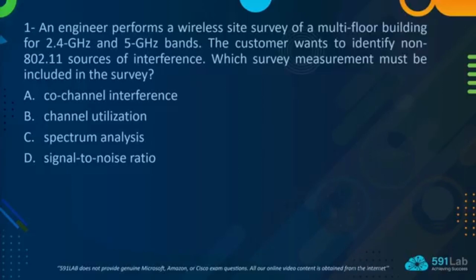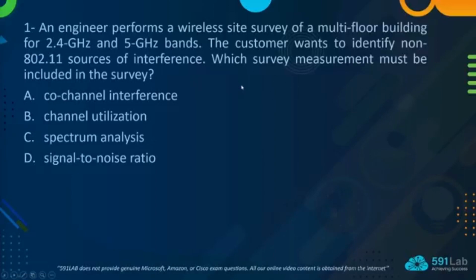So here is something that we need to understand about this question. If we're going to talk about non-Wi-Fi, non-.11 sources of interference, we're talking about anything that is not caused by another access point or another Wi-Fi source.